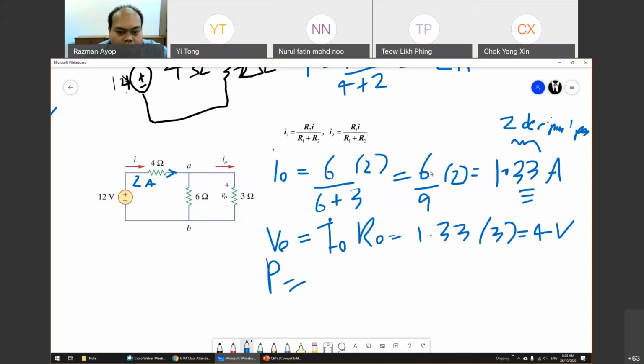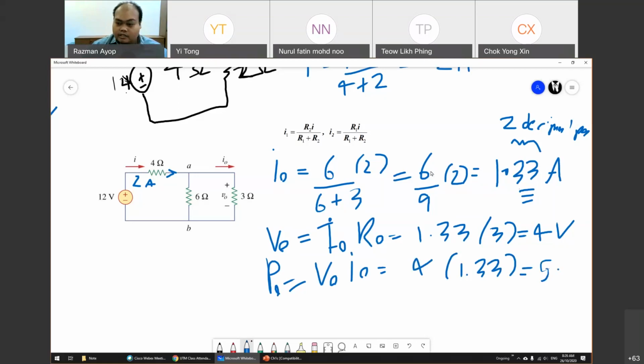P out equals V out I out, 4 multiplied by 1.33, so you get 5.32 watt. Don't forget the unit. For current it is ampere, for voltage it is volt, V, and for power it is watt, W.